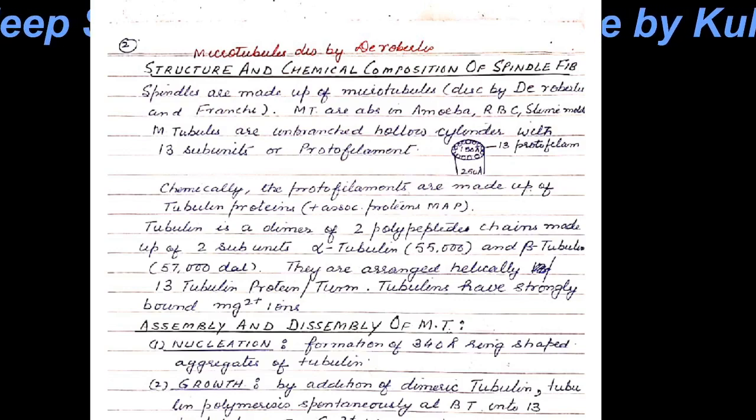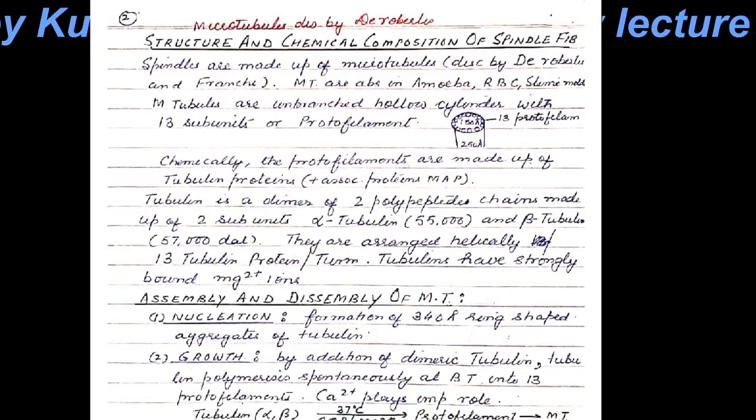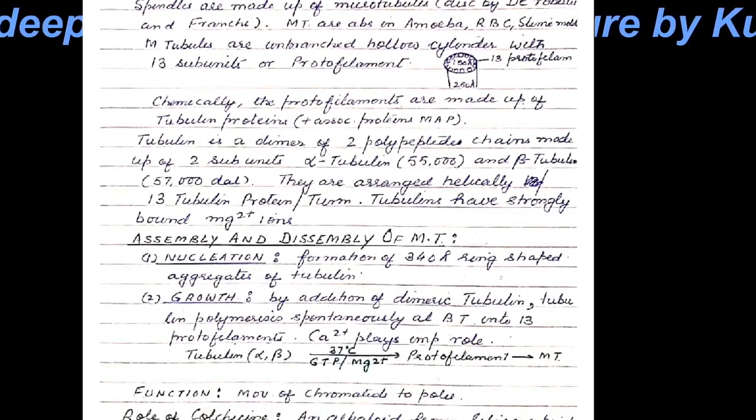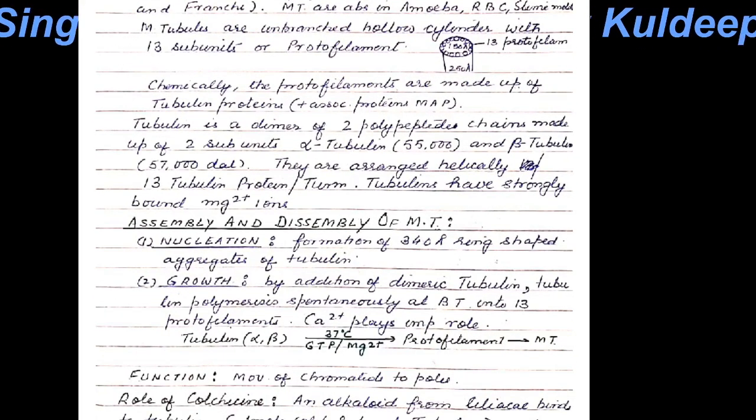Chemically, they are made up of tubulin proteins. A tubulin is a dimer of two polypeptide chains, alpha and beta tubulin, and they have strong affinity for magnesium ions.